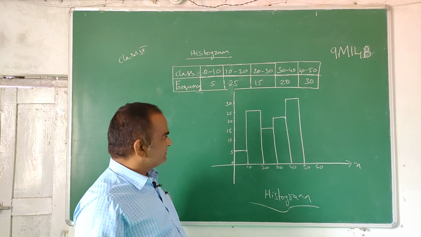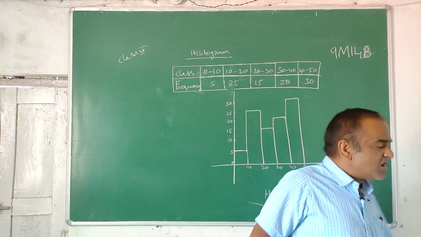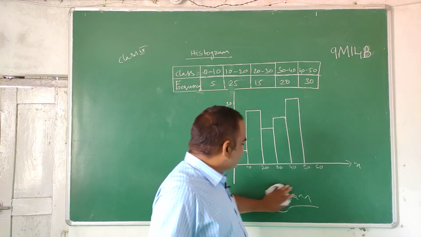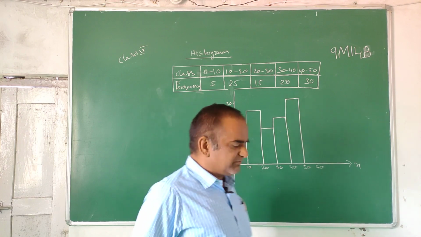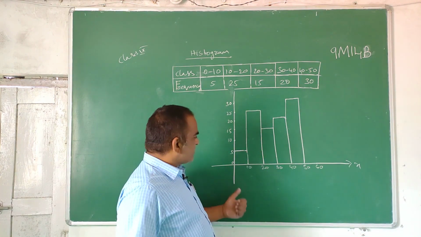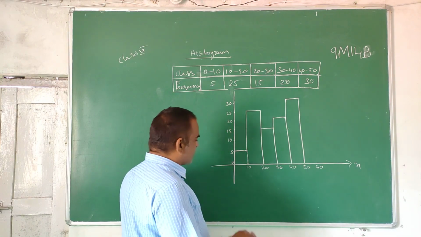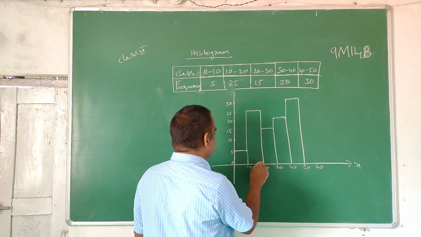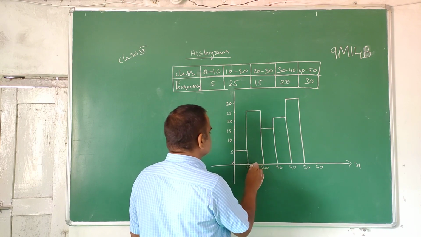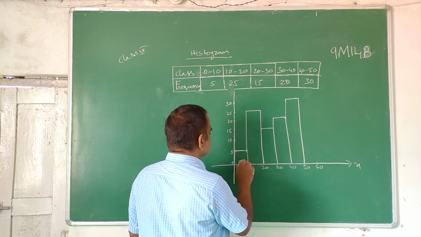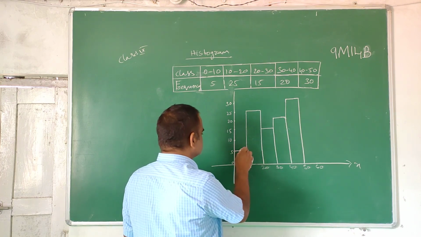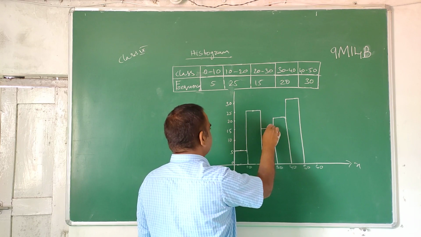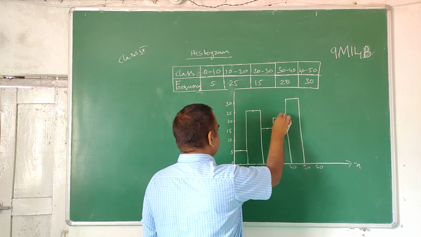Understood? This is histogram. Then what is frequency polygon? Why take another example? Here only I will explain. This histogram is finished. Suppose for the same data the questioner asks to draw a frequency polygon. What you have to do is take the midpoint of each bar here, the exact midpoint.